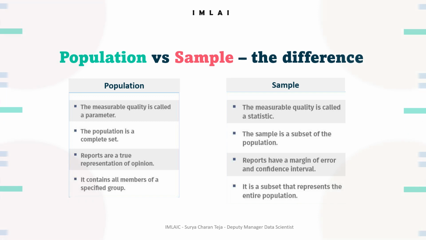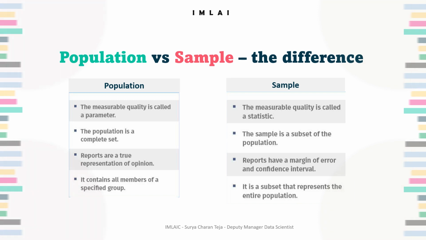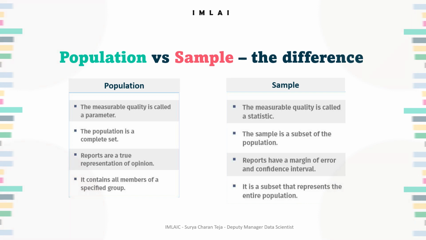When it comes to a sample, for example, if you take the mean of the population, that is known as a parameter. If you take the mean of a sample which is taken from the same population, that mean is known as a statistic. Even the standard deviation of a population is a parameter, and the standard deviation of a sample taken from that population is a statistic.